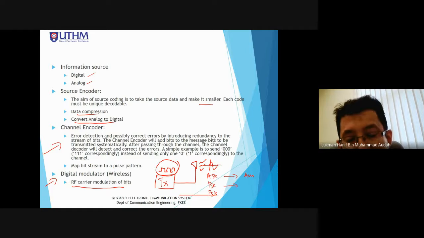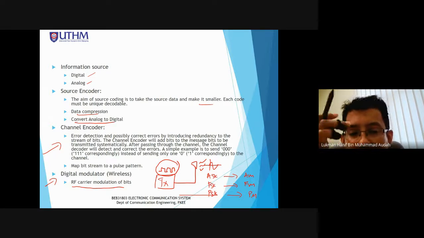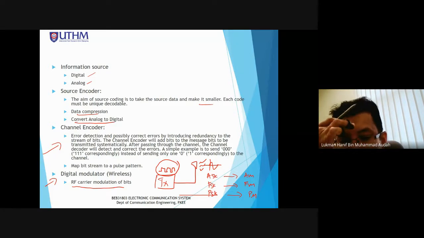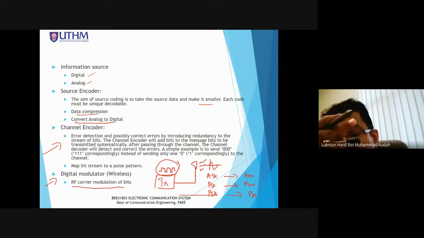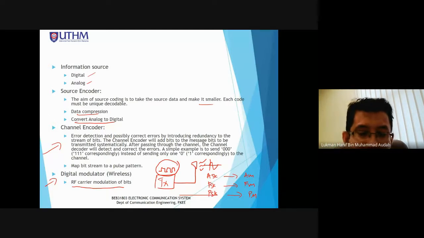Ini saya tunjukkan kesetaraan, bukan sama. Kenapa setara? Kerana kita juga modulation, kita bermain dengan 3 karakteristik itu, amplitude, frequency, dan fasa. Okay, nanti kita akan lihatlah macam mana.